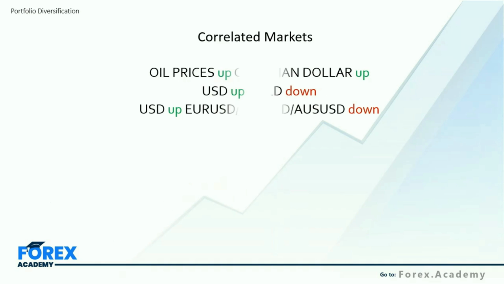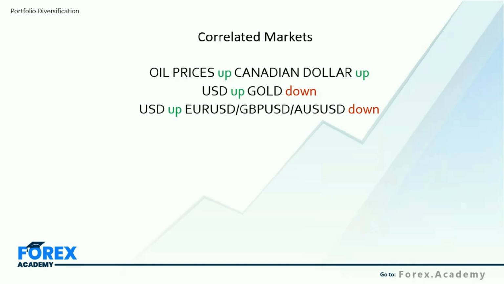To give you a brief understanding of some other correlated markets, of course, if the price of oil moves to the upside, you're likely to see the Canadian dollar strengthen as a result, and vice versa. If the price of oil moves to the downside, you're likely to see the Canadian dollar also move to the downside.